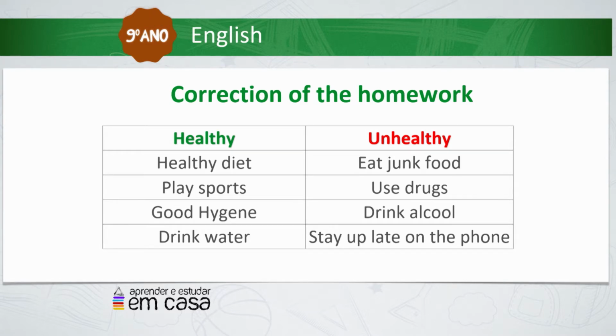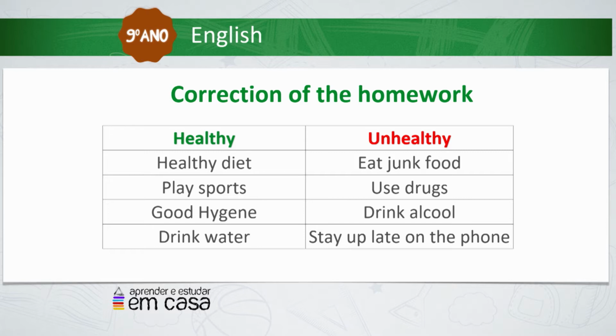The correction of the homework, number 1: you had a group of words or expressions that represented healthy and unhealthy habits. Now, the healthy ones were a healthy diet, play sports, good hygiene, and drink water. Very good.